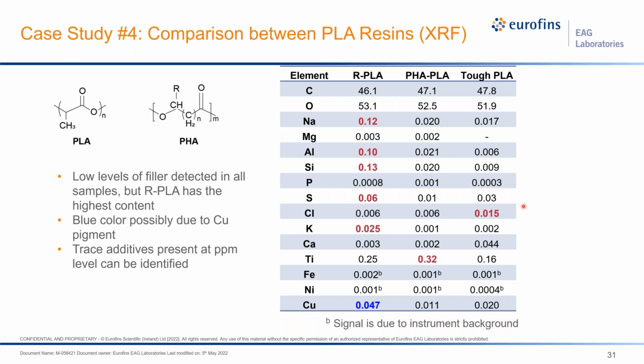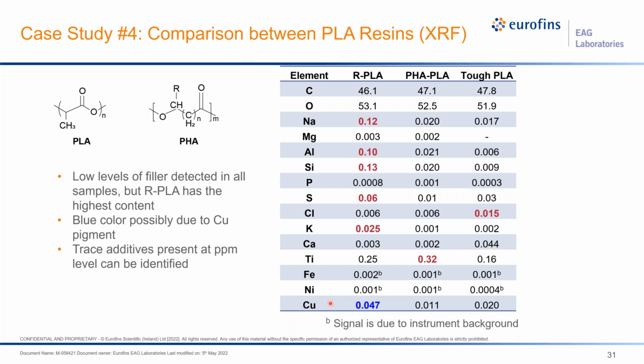And this could actually be very critical if you want to make sure that your part doesn't have any chlorine, because chlorine will react negatively with your process. That's something that you really want to know, and we can get that information with XRF. We can also see that our samples have a trace amount of titanium, and the color blue we think is coming from the copper, right?